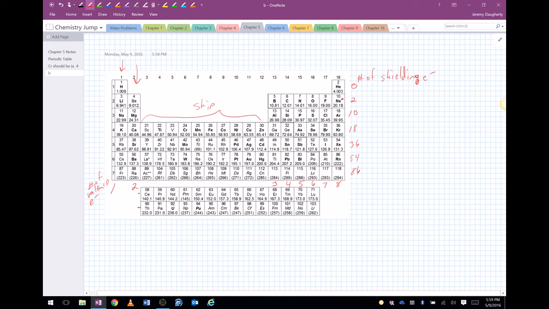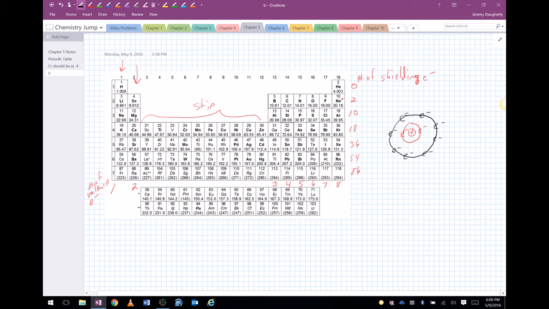Let me show you with neon here. All right, we're going to go back to the Bohr model. So here's the Bohr model. It's got a nucleus. The first energy level, which is 1s, can only take 2 electrons. So there's 1, 2. Now the second energy level, I'm going to do this in black. The second energy level for neon has 2 in the s, so there's 1, 2, and then 6 in the p: 3, 4, 5, 6, 7, 8.